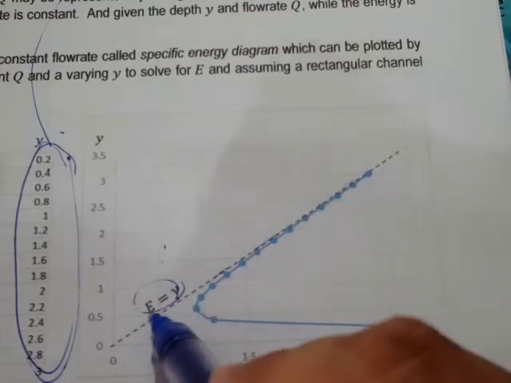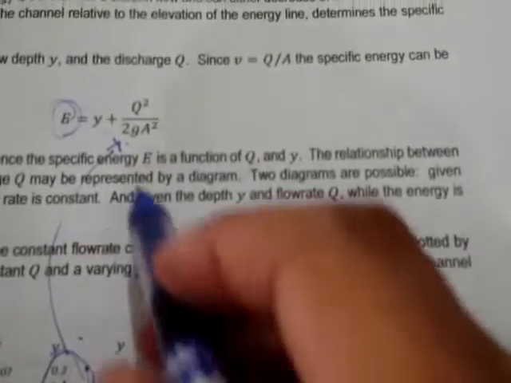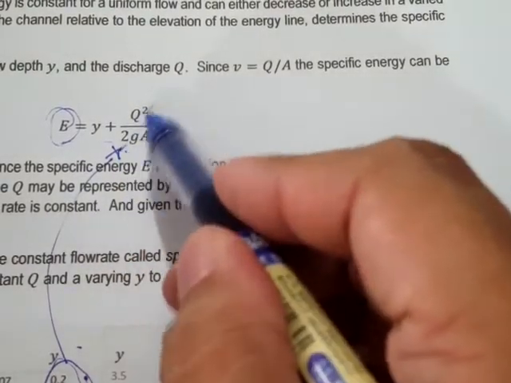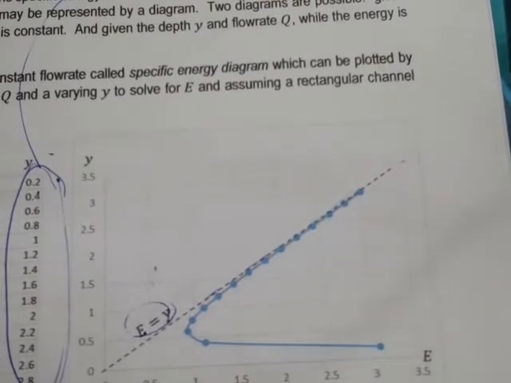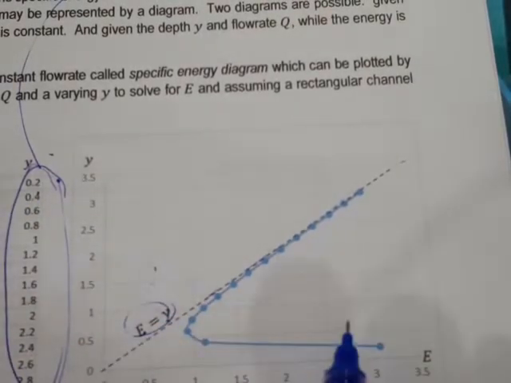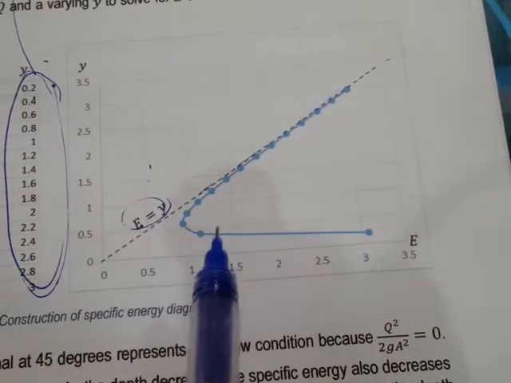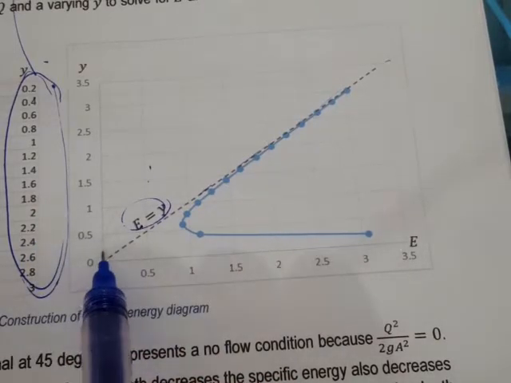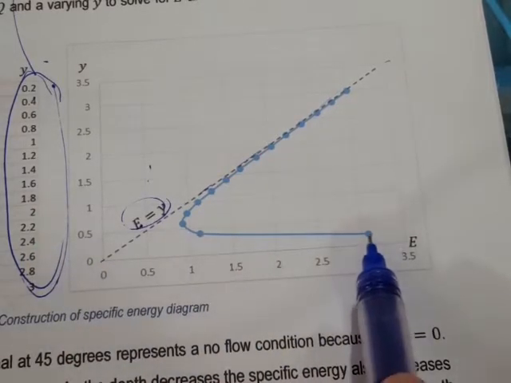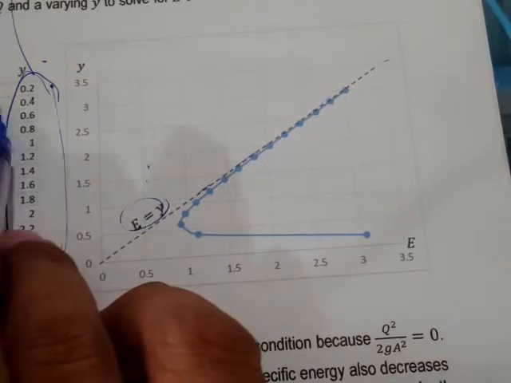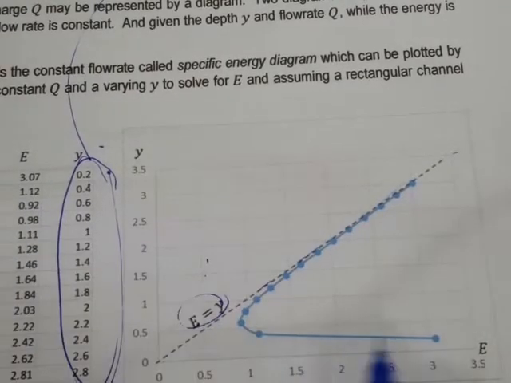In other words, E is equal to Y. So that means if there is no flow, this is 0, then therefore E is equal to Y, and therefore this is a no flow condition. So if you plot all this, at 0.2, here's the value 3.07, and if this is 0.4, it's 1.12, right?